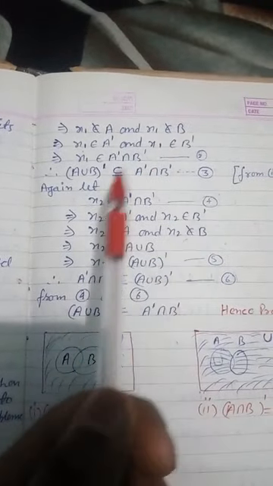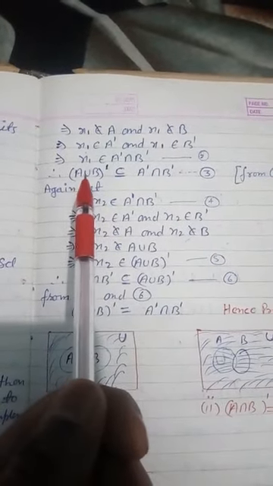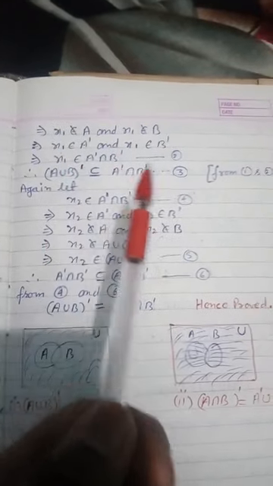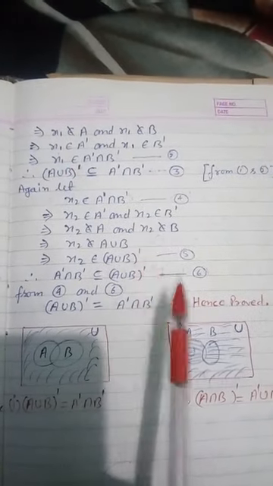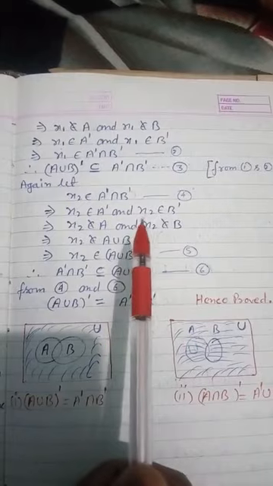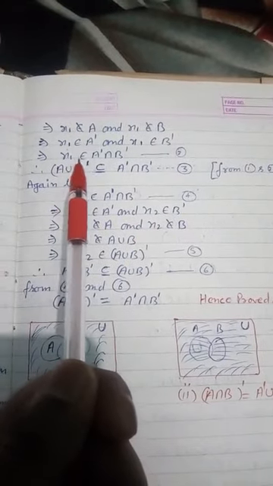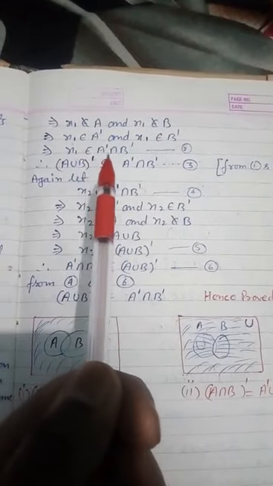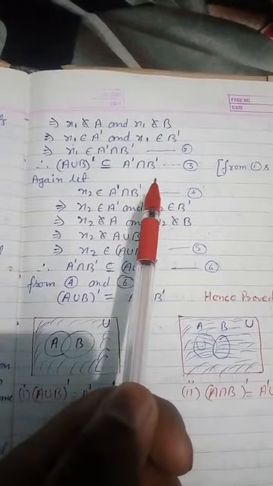Suppose this is the second equation. Now from equation first and second, in equation first we have x1 belongs to (A union B) complement, and in equation second x1 belongs to A complement intersection B complement.